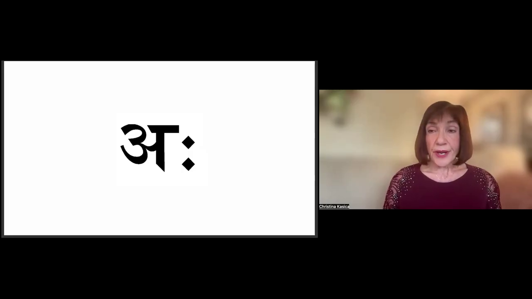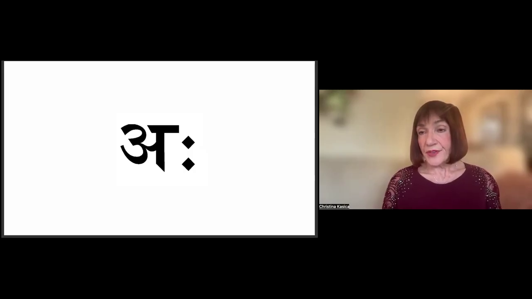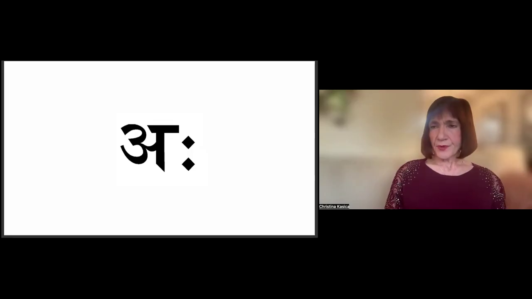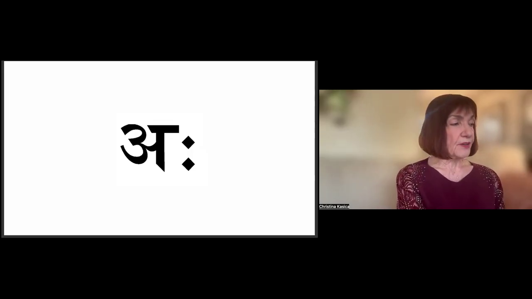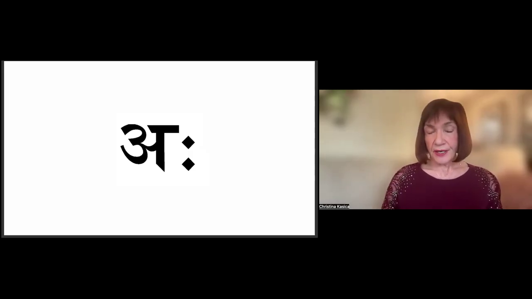So it's just like a regular consonant. And they are two different sounds. Visarga is a breath sound, and h is a guttural. Okay, so just so you don't get confused, let's look at the next slide.